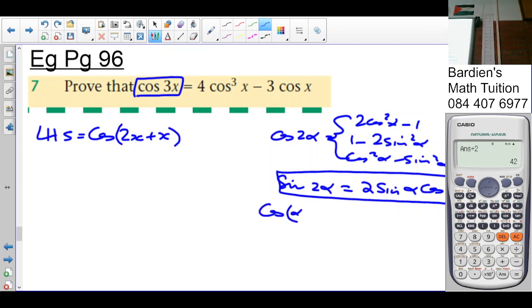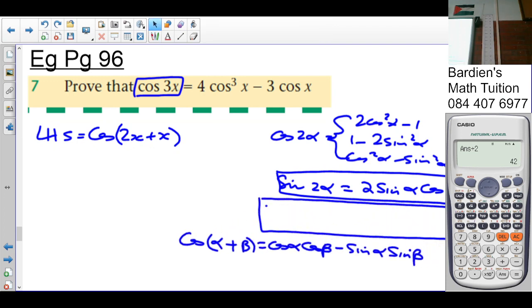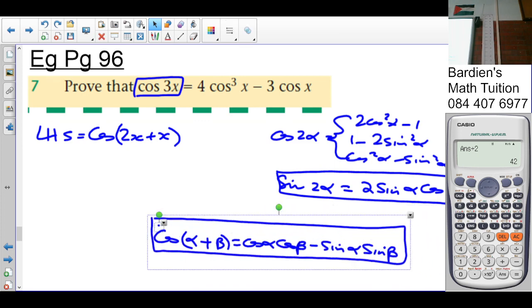People, cos alpha plus beta can be written as cos cos, opposite sign, sine sine. I'm sure you know the identity at this point. You all agree with that?